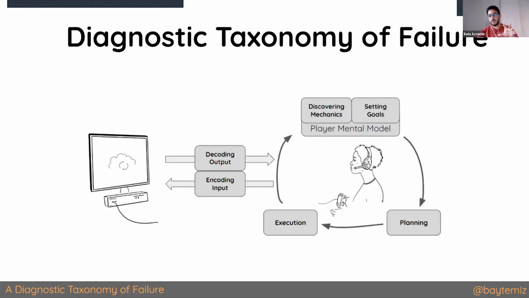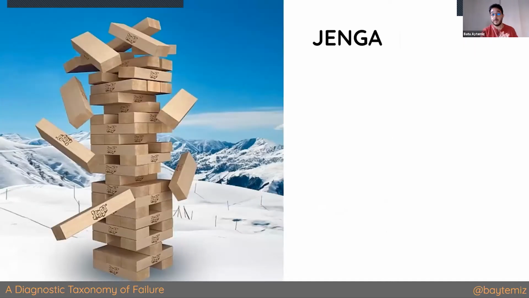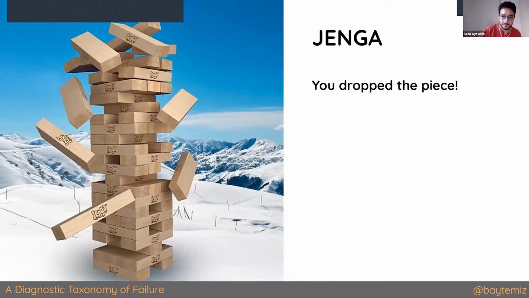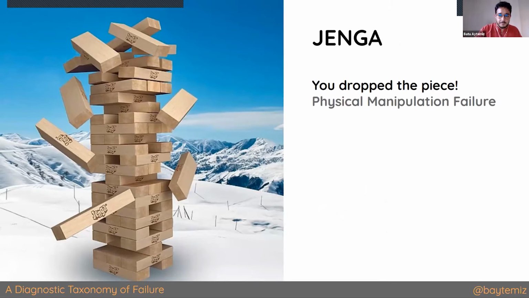So before we get into the taxonomy of failure, let's talk a little bit about Jenga. Jenga is a game where you don't necessarily have to play it in the Arctic, but this is the photo that came up. You build blocks, you draw certain blocks, and whoever collapses the grand tower is the loser. So imagine you're playing Jenga and you drop the piece. That is a physical manipulation failure, right? Like you're picking something up physically and you're failing in manipulating the object correctly.